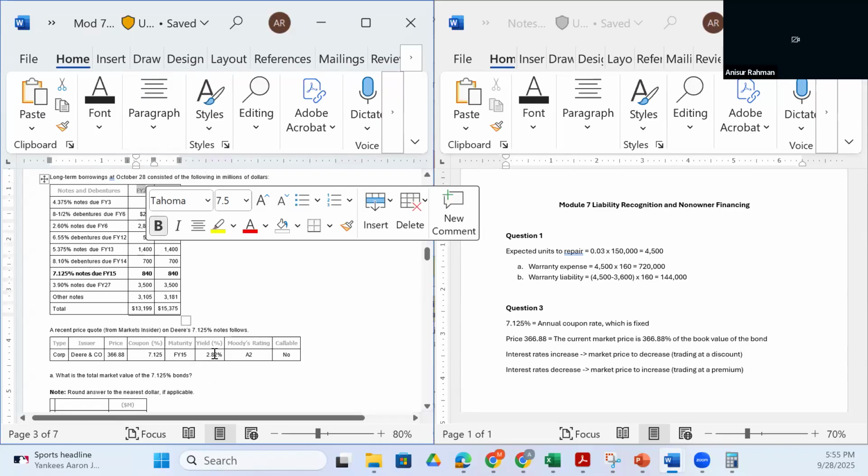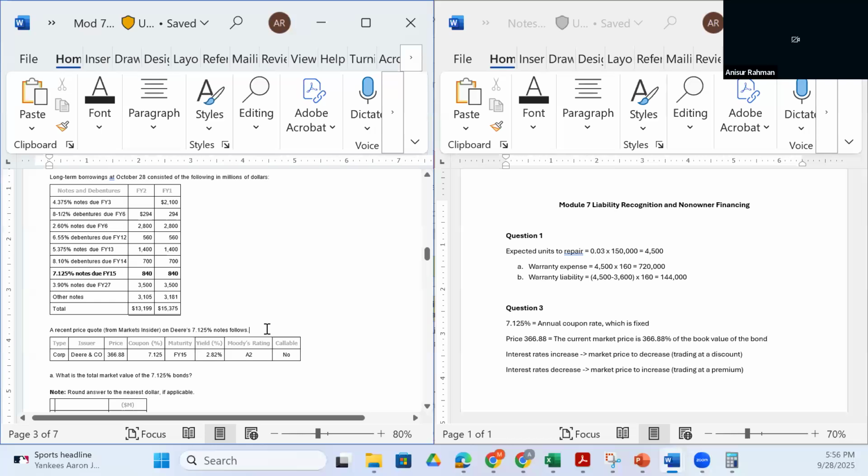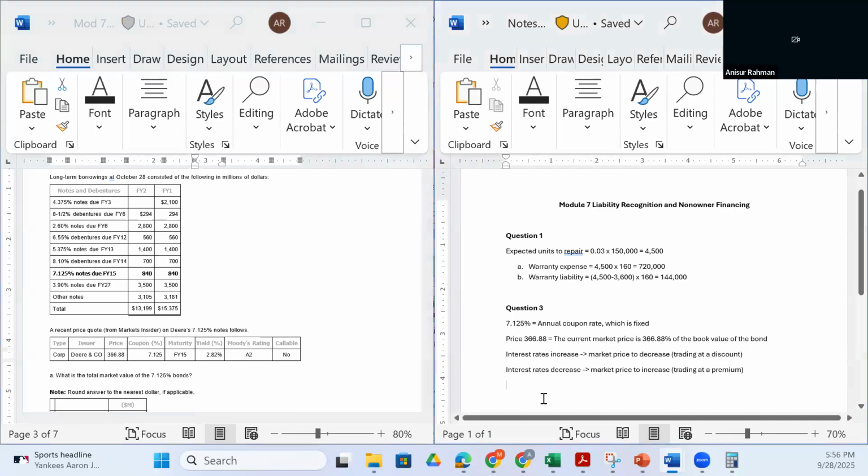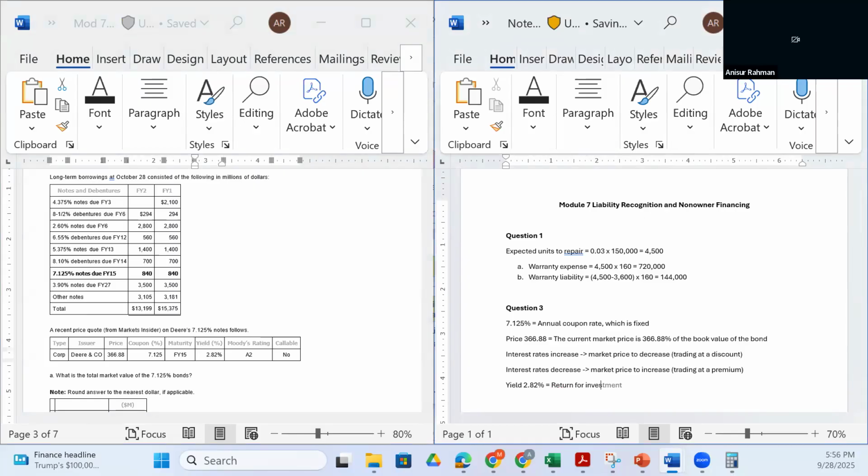They don't tell us exactly, but given this information, we can assume this is the yield at the end of fiscal year 2. So that is the return, right? Yield is 2.82%. So that is the expected return for investors.